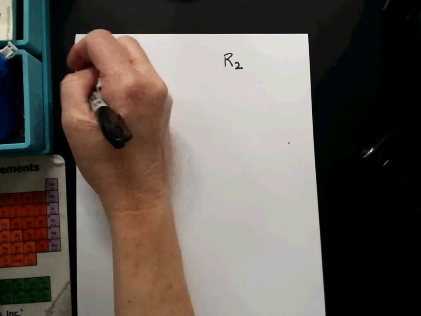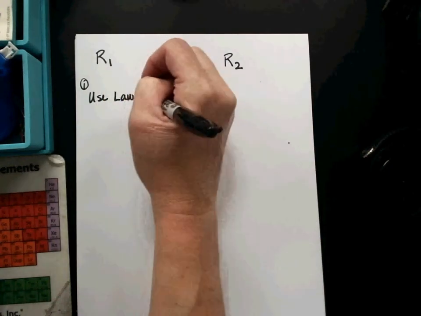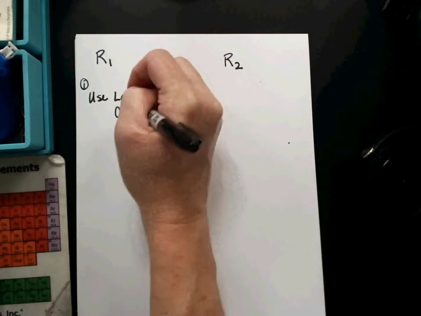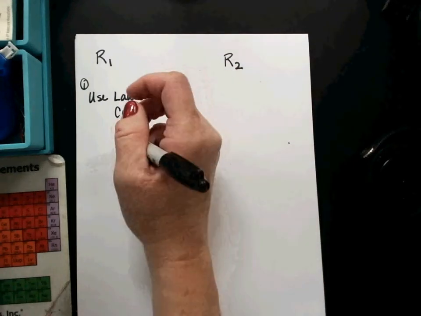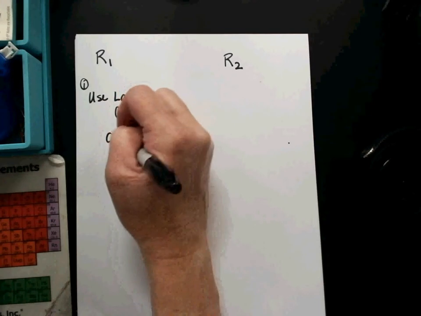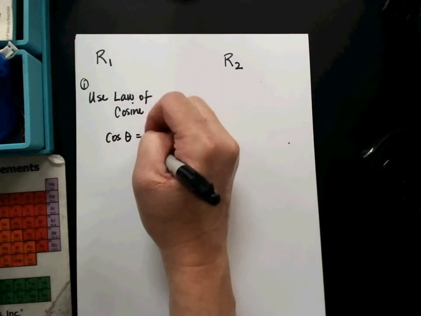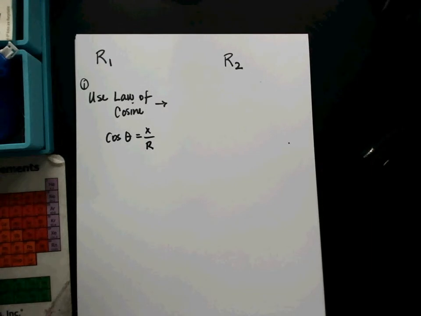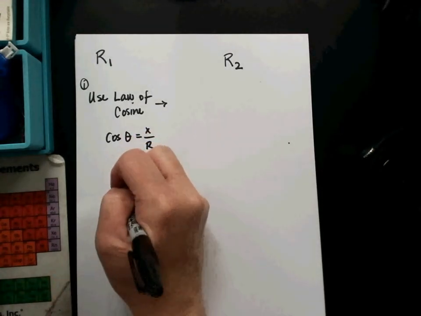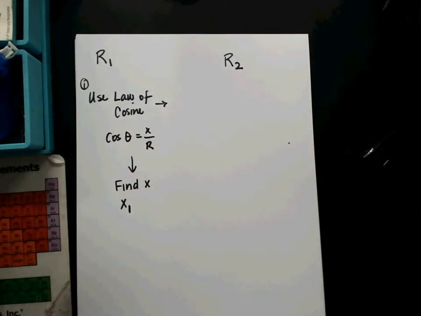You're going to start by using the law of cosine, or yesterday we used cosine theta is equal to x over r. And we're going to find x. And we're going to call it x1.